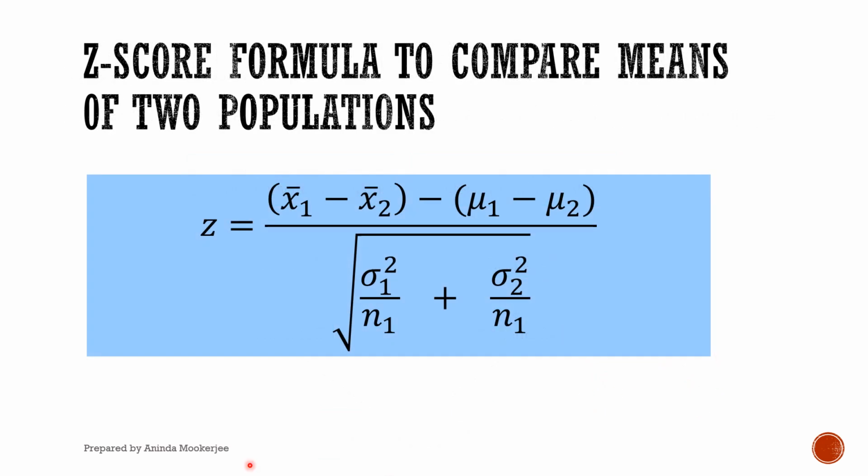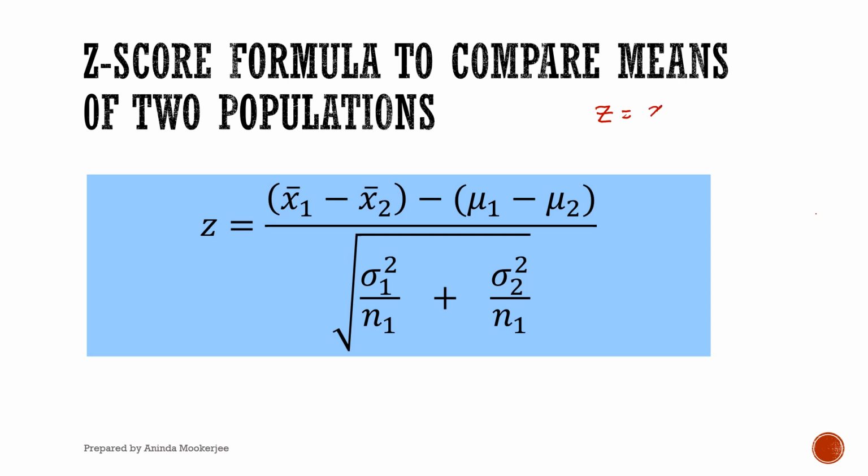Let's look at the z-score formula to compare means of two populations. All right. So when we are working with two populations, we can use the z-value provided the population standard deviation is known. Now, going back to one population, when we were doing our study with one population, what did the z formula to find the z-score look like?